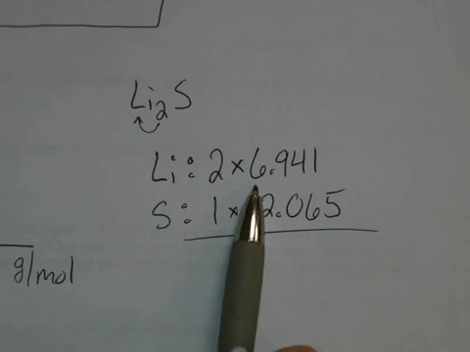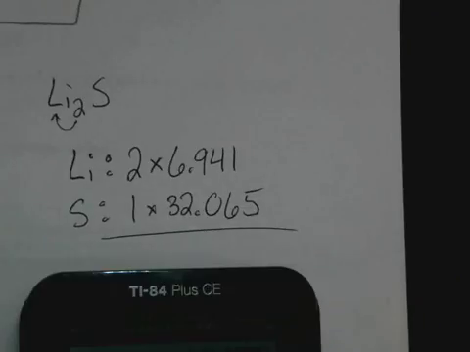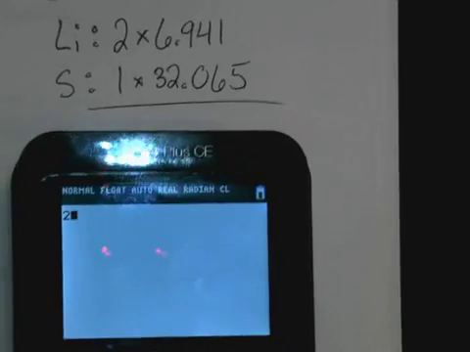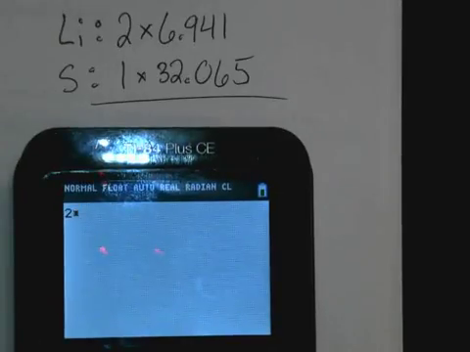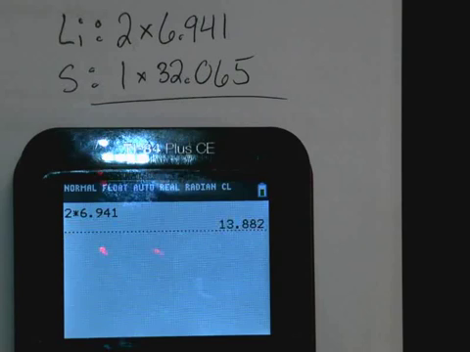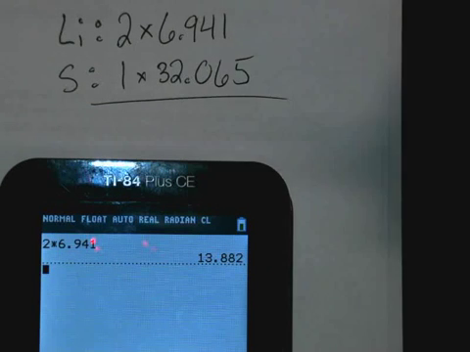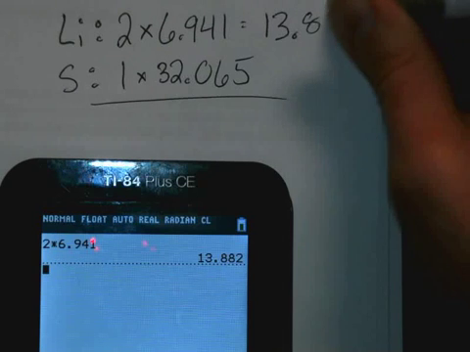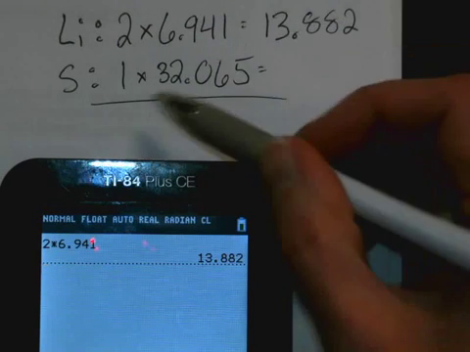Now, I have this 2 times 6.941. Wouldn't be a bad thing to calculate that individually. So if I take 2 times 6.941, that gives me a total mass of lithium to be 13.882.